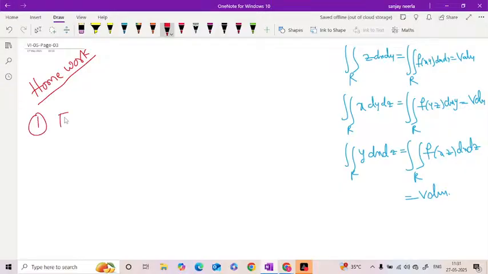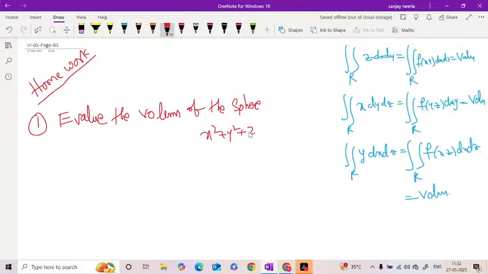Evaluate the volume of the sphere x square plus y square plus z square is equal to a square. So I am giving the hint.